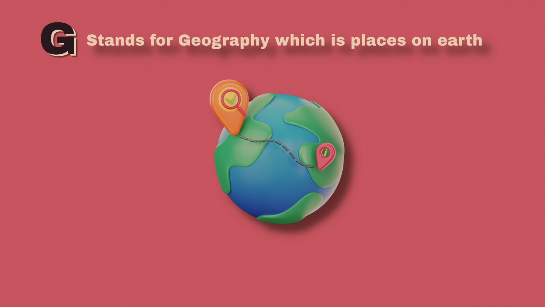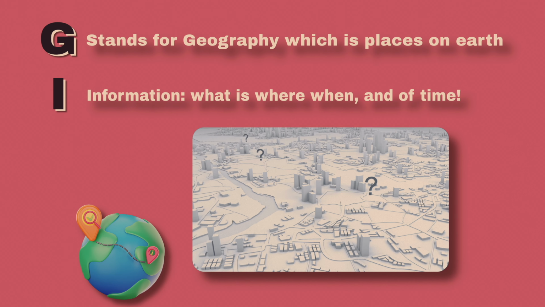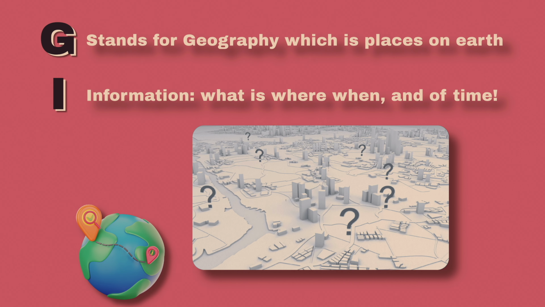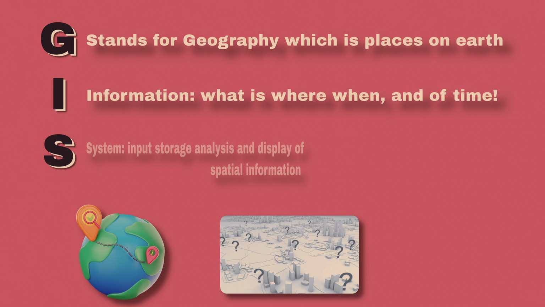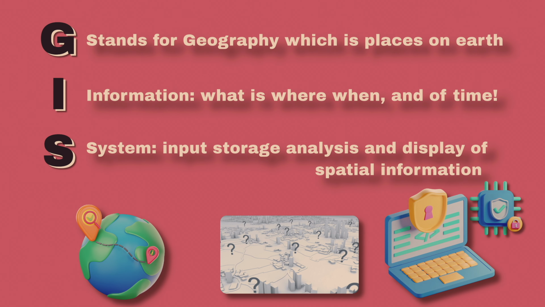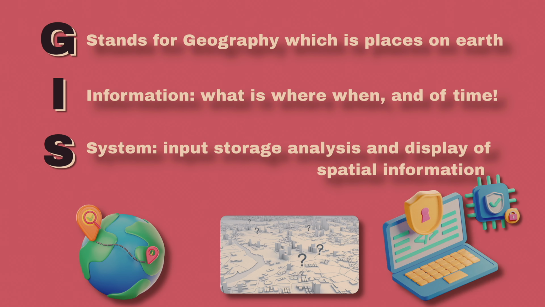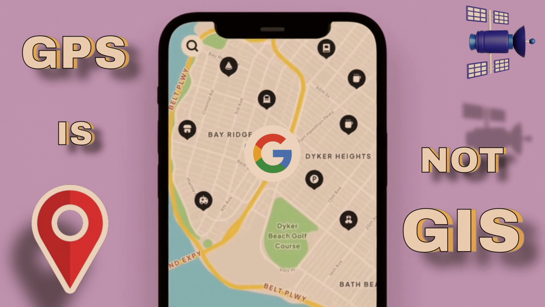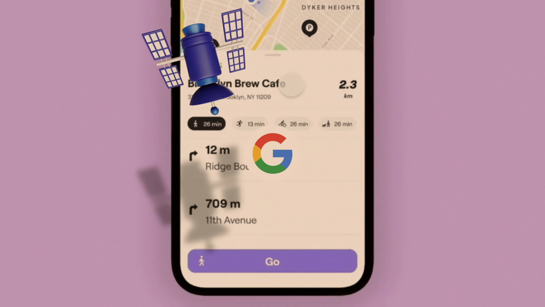G stands for geography, which is places on earth. I stands for information, what is, where, when, and of course time. S stands for the system: input, storage, analysis, and display of spatial information using software and hardware. Haven't you used a location service like Google Maps, known as GPS navigation?